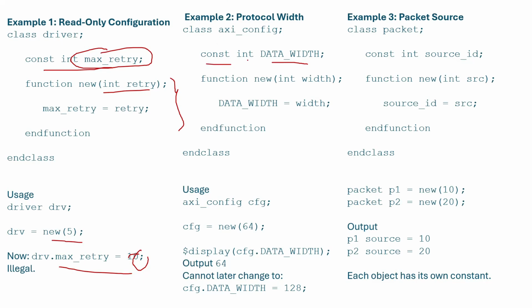See, constant int data width. For my data width, I'm using this int width. This width will be assigned to data width. Again, you can assign that value to your width data type. So that means I want to consider parameterized classes here. Same packet source. All are the same methods, but different properties, and different scenarios I have considered.